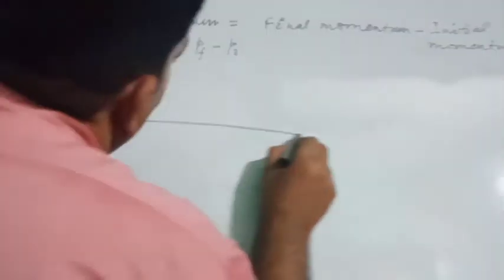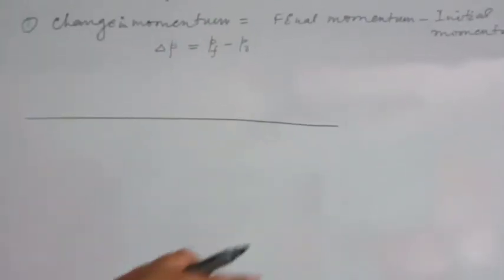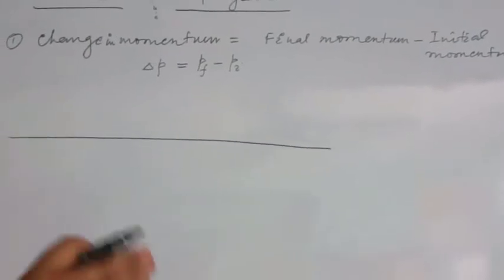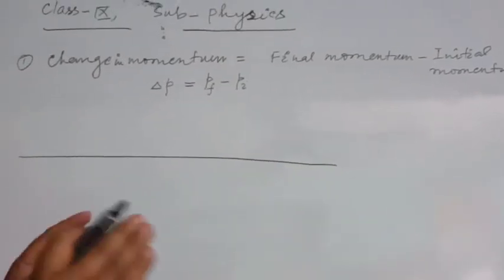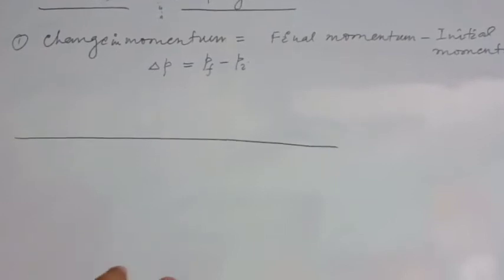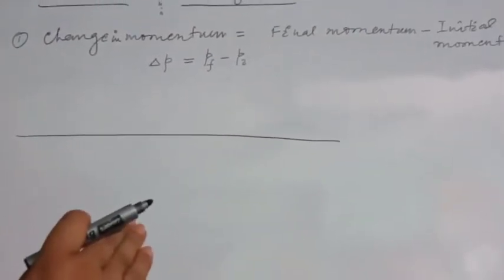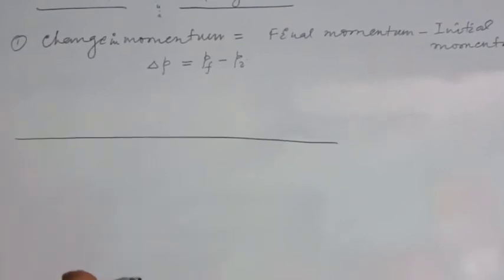Suppose a body is moving in a straight line. Momentum changes, the product of mass and velocity, in a straight line. I mean to say that the object does not change its direction of motion. It changes only its magnitude.